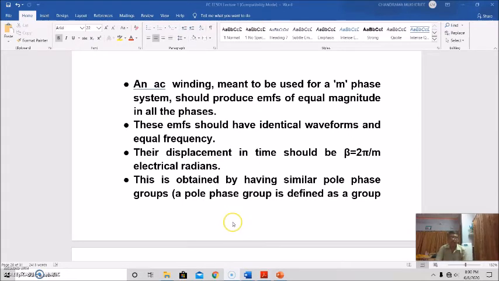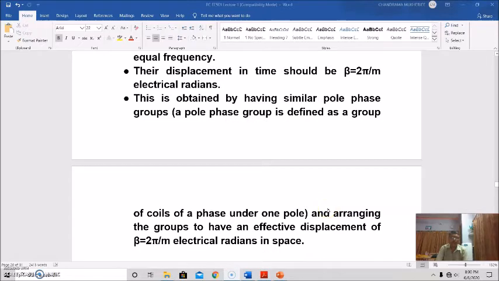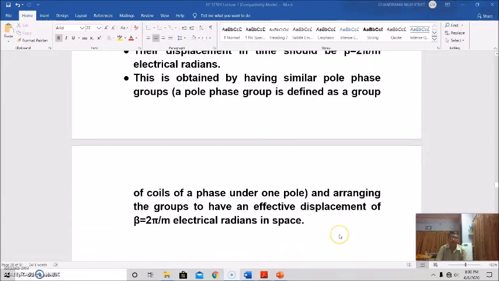That means a pole phase group can be defined as a group of coils of a phase under one pole, and arranging the groups to have an effective displacement of 2π/m electrical radians in space.